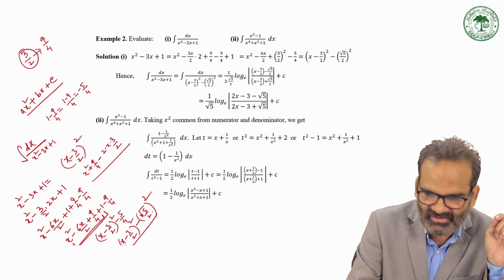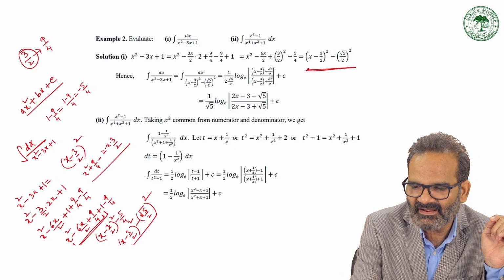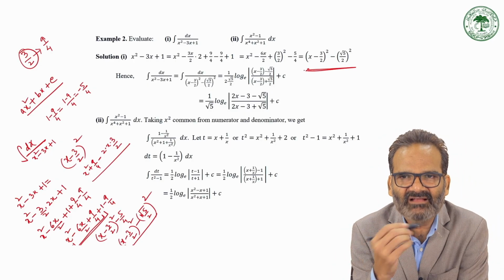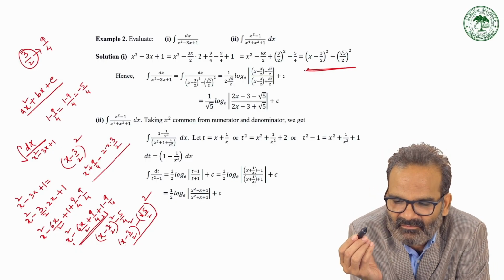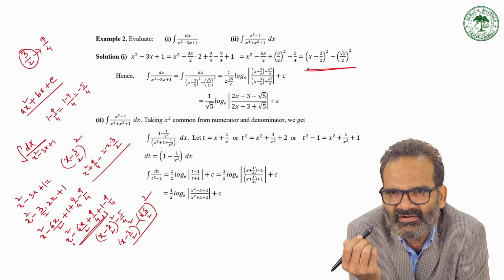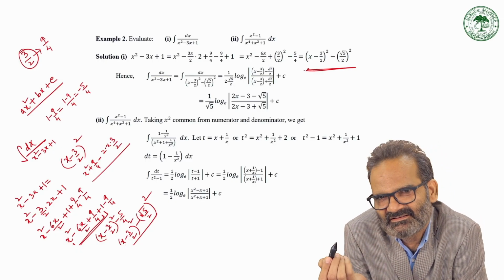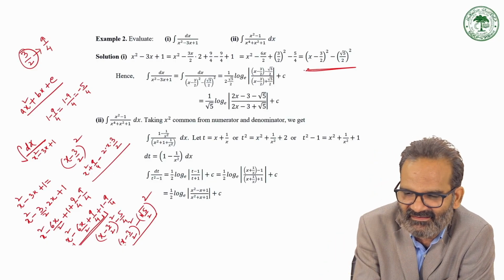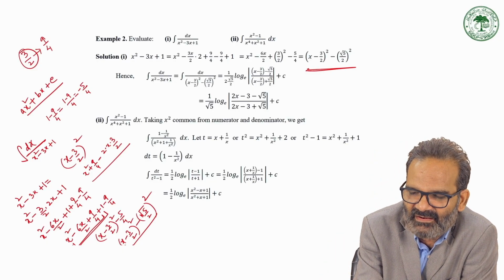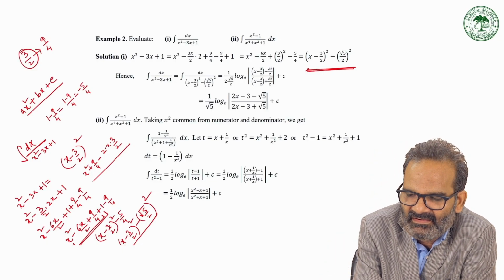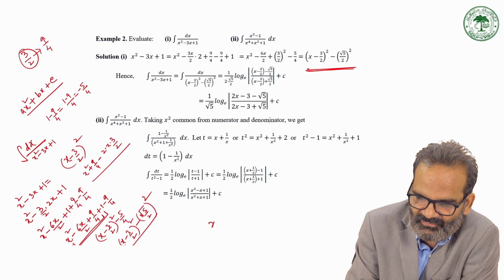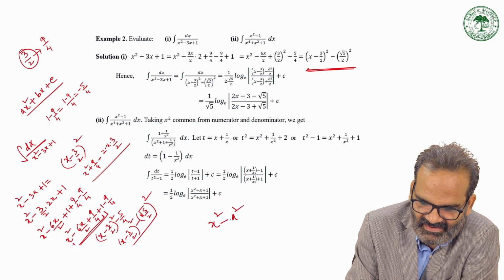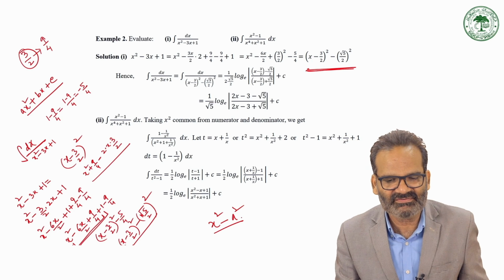So see what we did. This quadratic equation has been converted to this form by using the concept of the perfect squares. x minus 3 by 2 square minus root 5 upon 2 square is the formula of x square minus a square, and you know the integral of such kind of function.